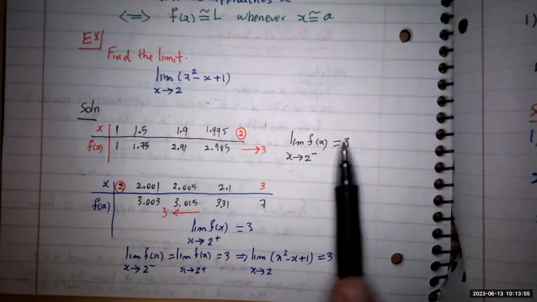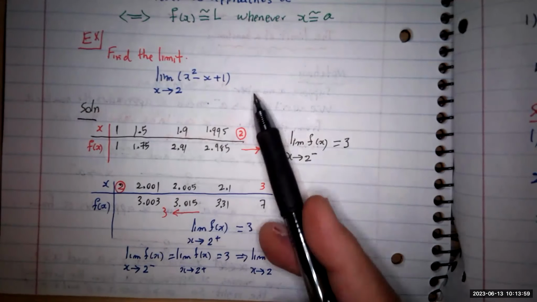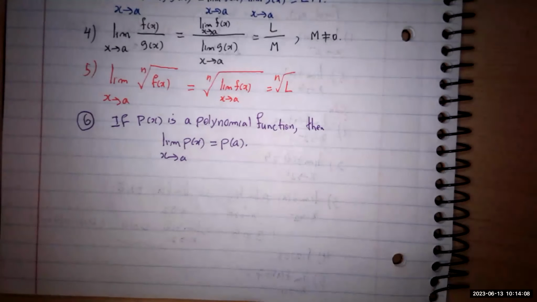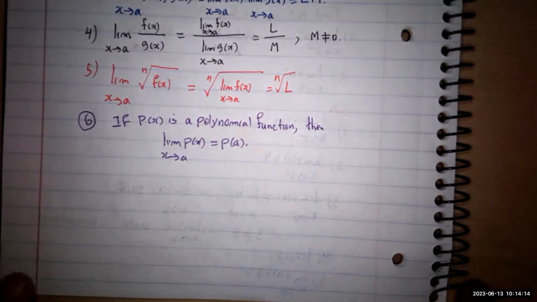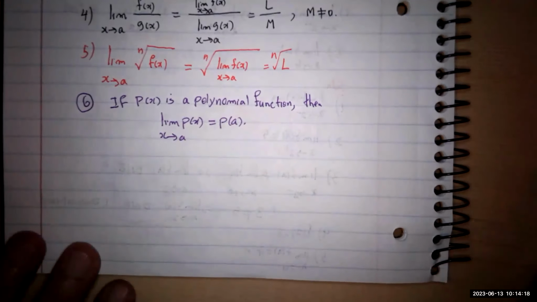So the limit is 3 and we're done. So this is the way we're going to operate. In this example, we just wanted to estimate to explain it. So that's why we use these methods, okay? And so if you have a polynomial right away, you just substitute to get the results right away, okay? So this is going to be the case.